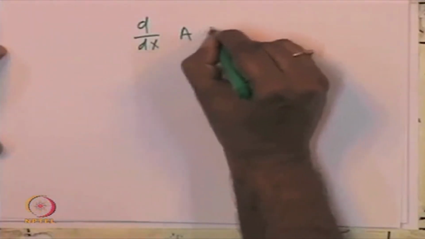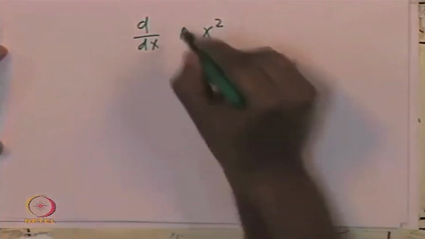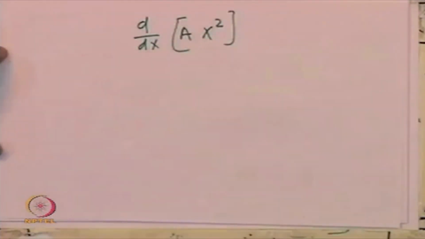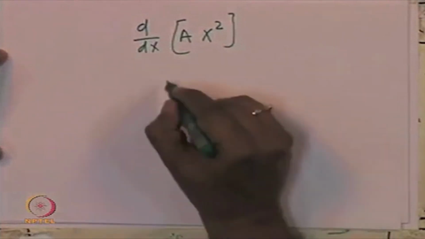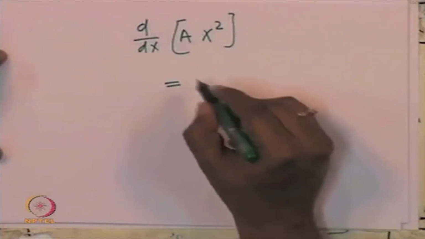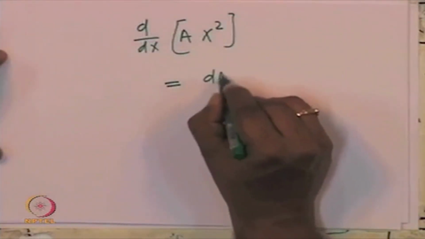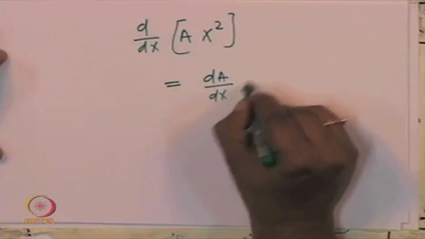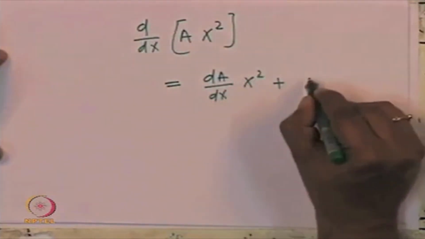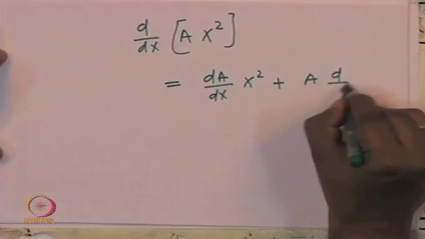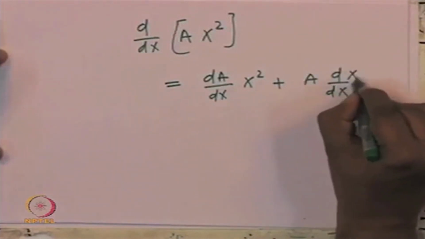You can extend this. You can say d by dx of a, a is constant, x square. You can write dA by dx into x square plus a times d by dx of x square.